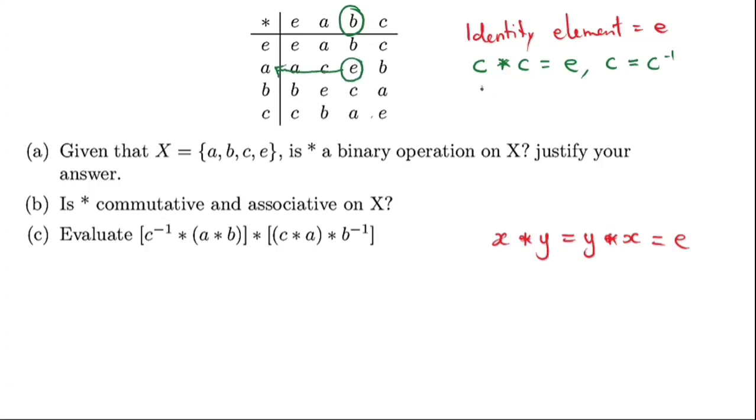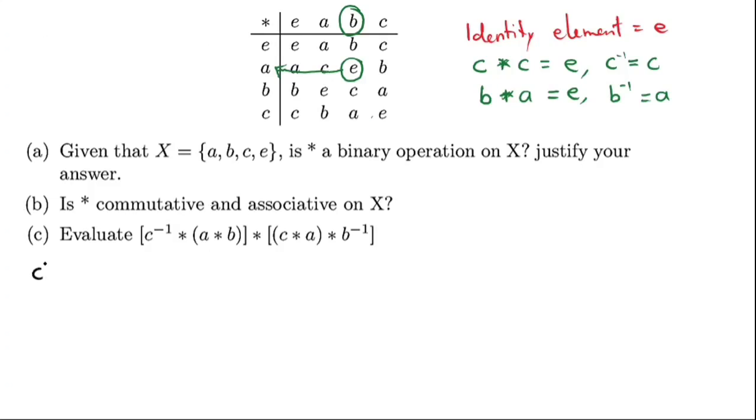It means that B star A is equal to E. So this means that the inverse of B is simply A. As long as the result is the identity, then whatever you have that is combining with it becomes the inverse. All right. So now let's go ahead and simplify what we have.